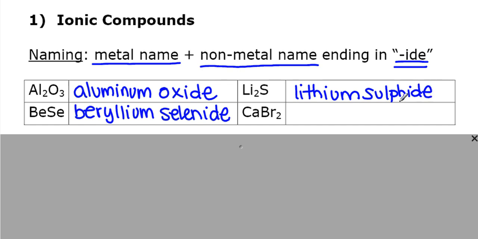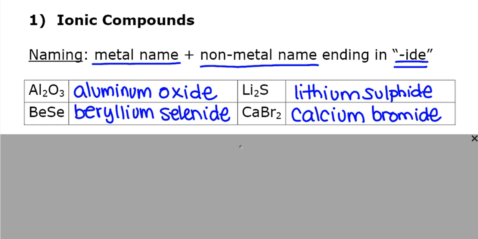You'll see pH or F used for sulfur-containing compounds. pH is Canadian, so that's the one I usually stick with. Next one, the metal is calcium. The nonmetal is bromine. It changes to bromide. So that's how we name ionic compounds.